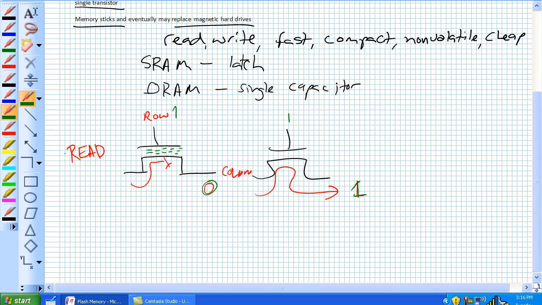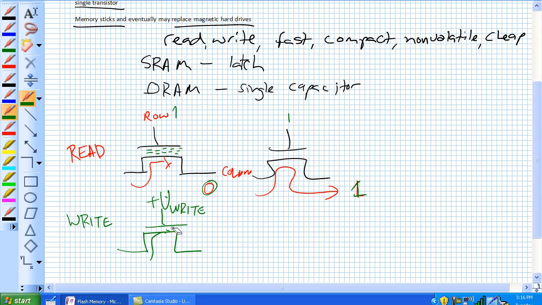The write is very similar. Let's say you want to write a 0. You're going to provide an incredibly large voltage here, V write, to attract electrons.